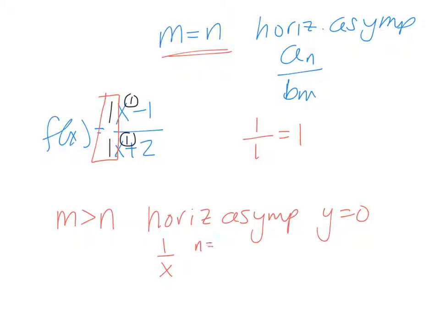In this case, n would be 0 and m would be 1. M is bigger than n. That's the power, right? Because this is 1x to the 0 and this is x to the 1. Since the power on the bottom is bigger than the power on the top, you have a horizontal asymptote at y equals 0. Okay?